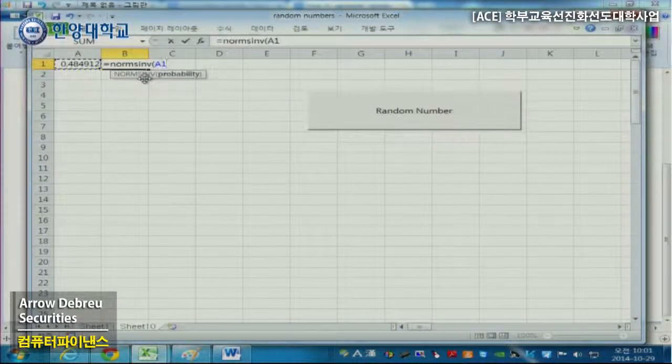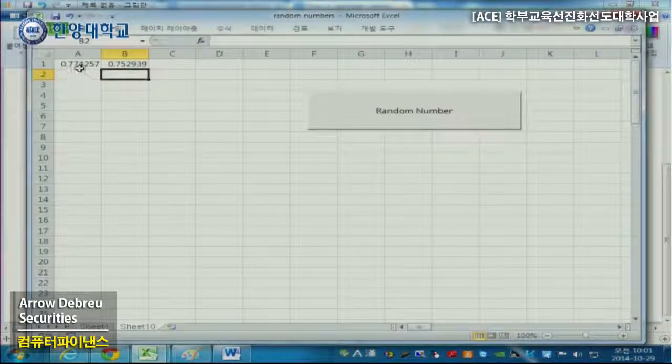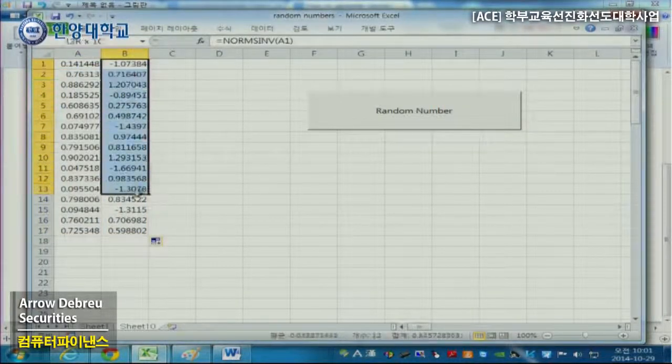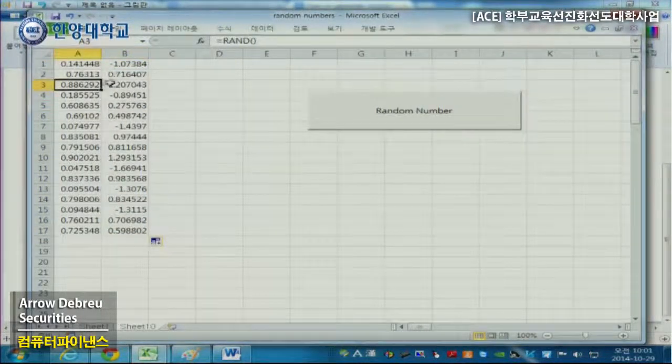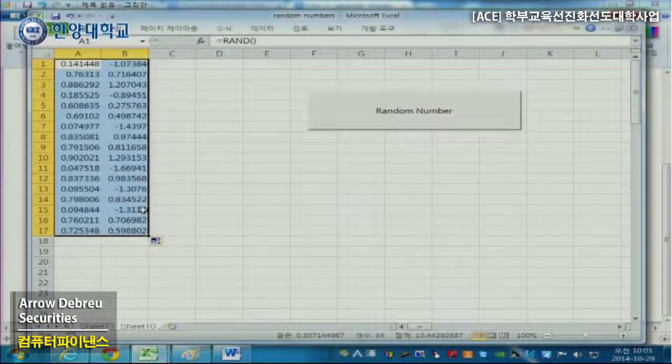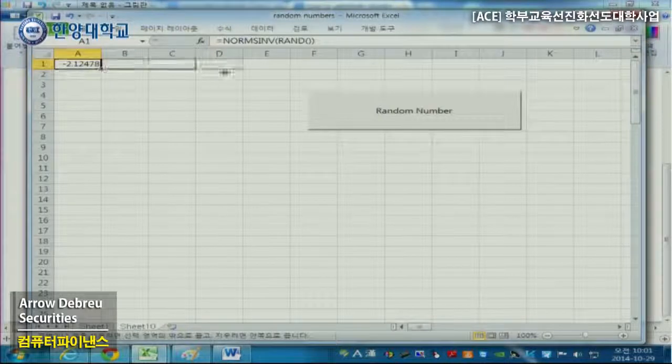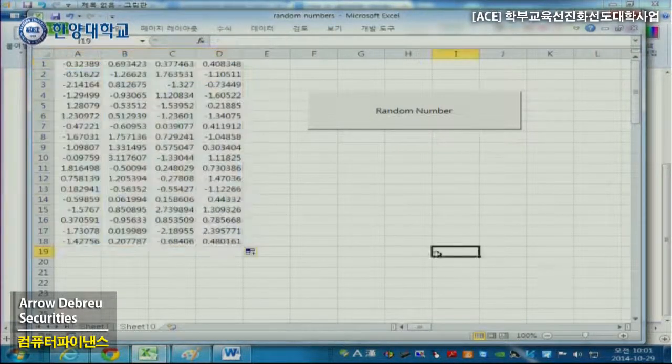So for this one, I generate this number, and then I apply it. This is a random number from the standard normal distribution. So NORM.S.INV and then RAND. I can do it in one step: I generate a random number from the standard normal distribution in one step.